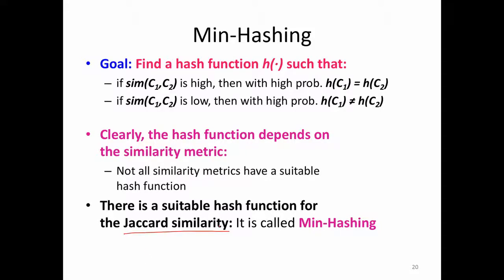The hash function which has this property, that if sim of c1 comma c2 is high, then with high probability h of c1 is going to be equal to h of c2, is called the min hash function for Jaccard similarity. For any arbitrary similarity, you may not have such an appropriate hash function. We will see why or how.